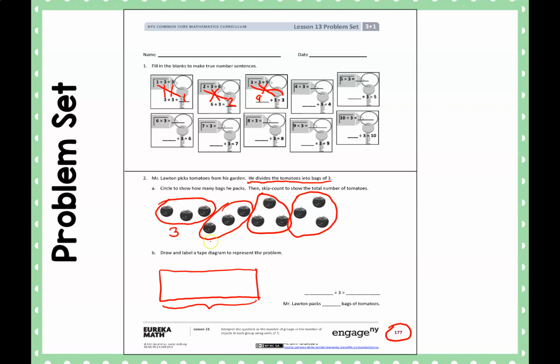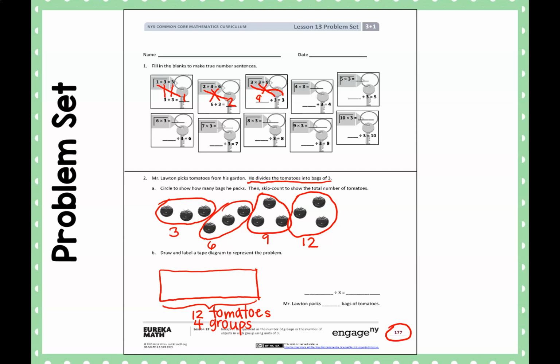We have 3, 6, 9, 12. So he has 12 tomatoes total. How many groups does he have total? 1, 2, 3, 4. So he has 12 tomatoes and 4 groups.